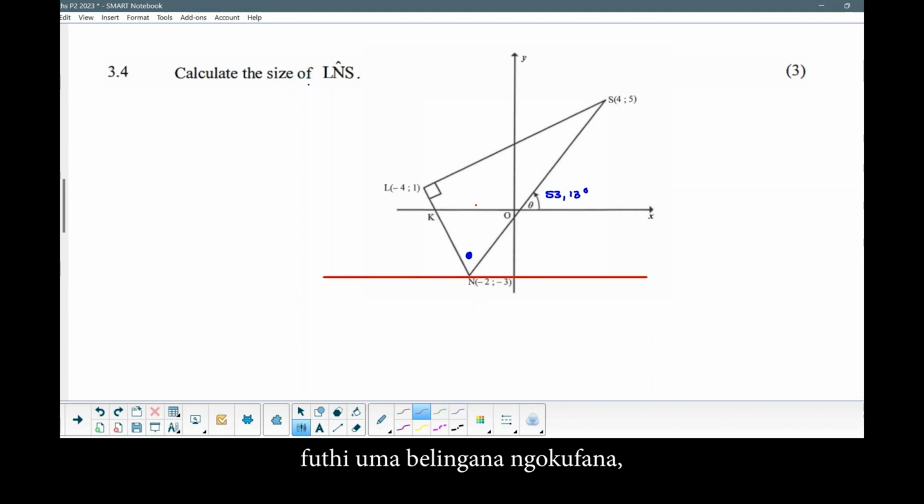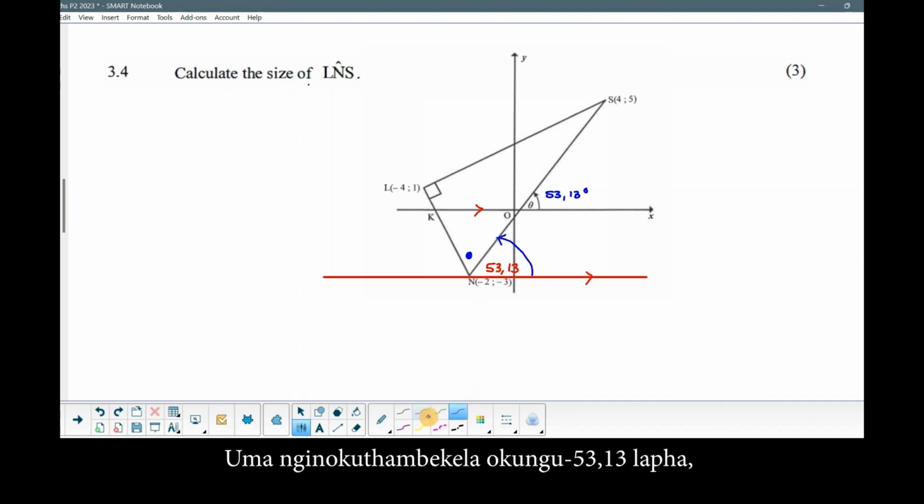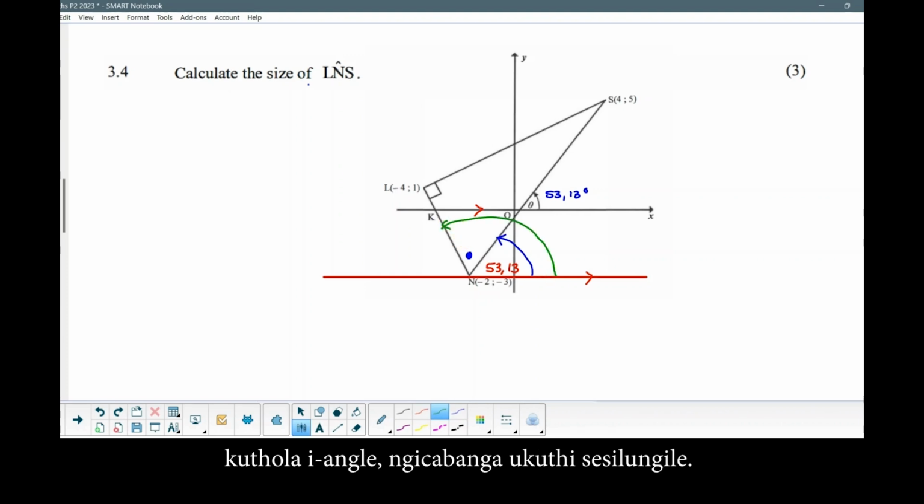And if they are parallel to each other, that means this angle is also 53,13. Now we're getting closer. If I already have 53,13 which sits there, and I can use this angle here to find this angle, then I think we've sorted.